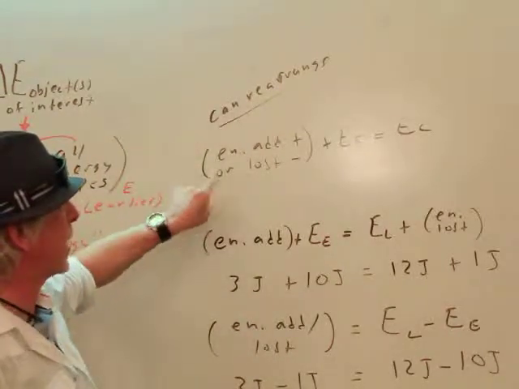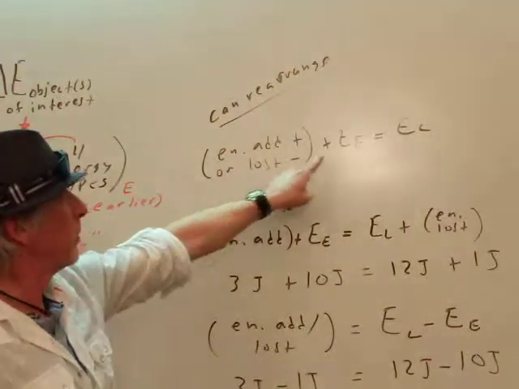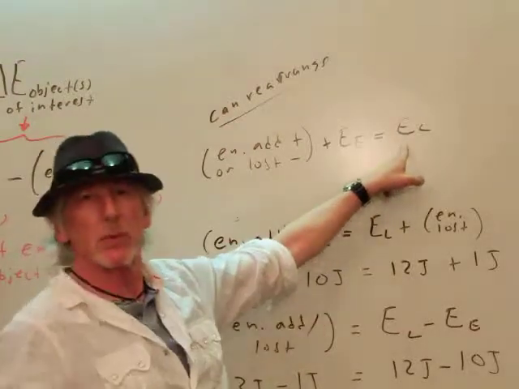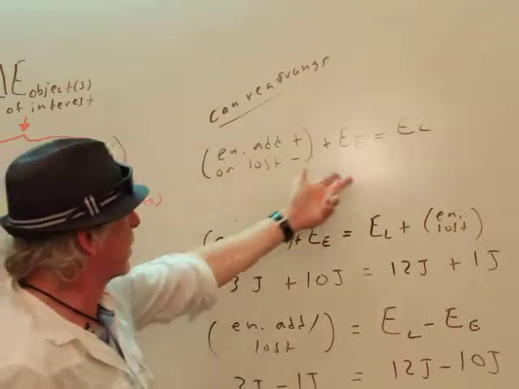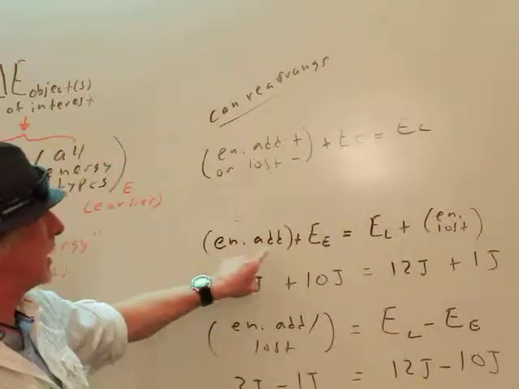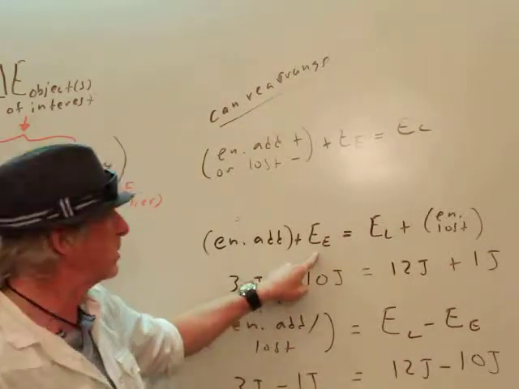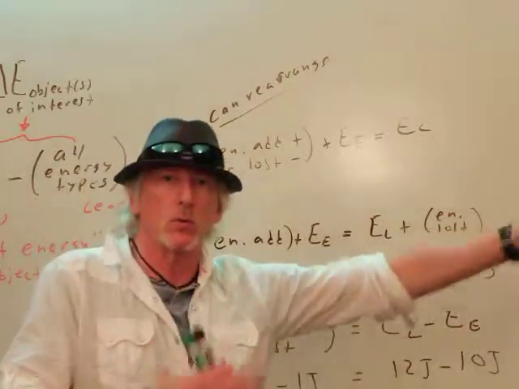Some people, for instance, will write any energy added or taken away plus whatever I started with, we'll end up with, that'll be what I end up with. And that makes sense too. Right? I can rearrange that. I can say, hey, any energy added plus the energy I started with, all types, is equal to the energy later plus any energy that went out.